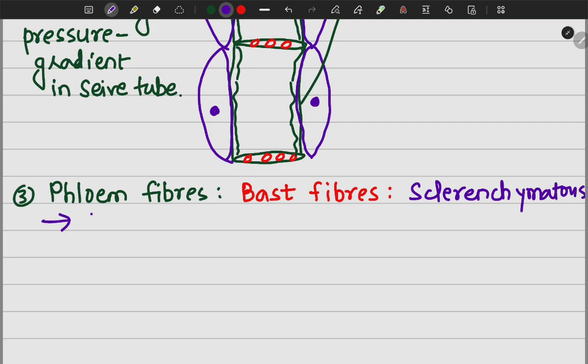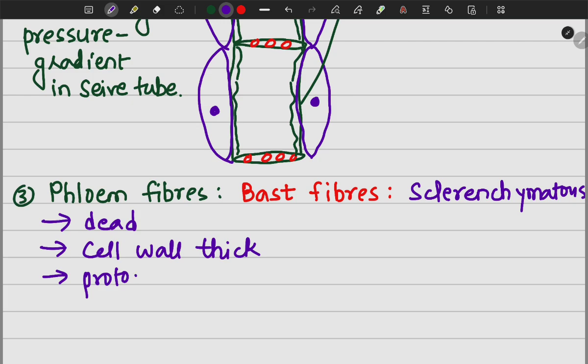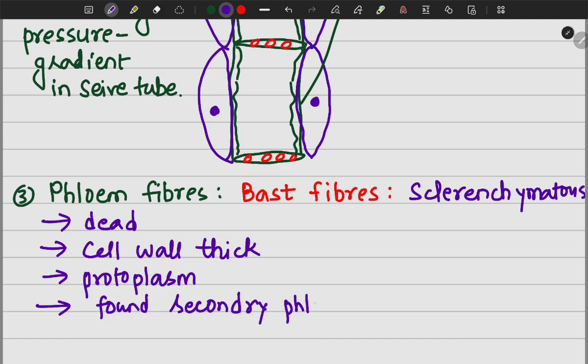That means they will be dead, their cell walls will be thick and lignified, and protoplasm will be absent, right? So the phloem fibers are not found in the young or the primary phloem, they are found in the secondary phloem, which is found at the later stages of plant life, at maturity, right?